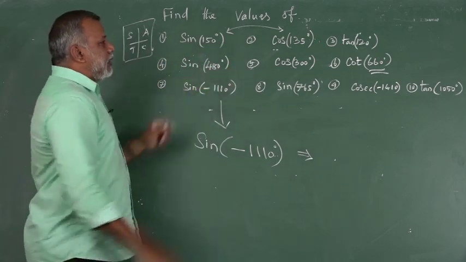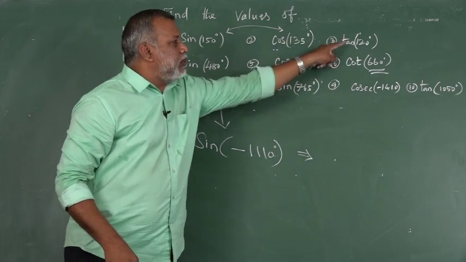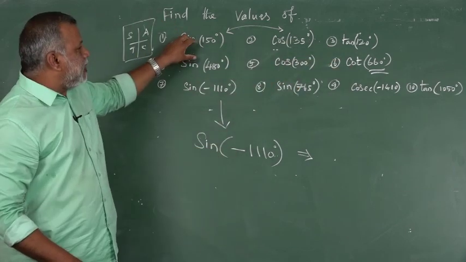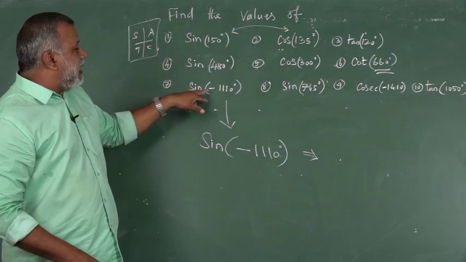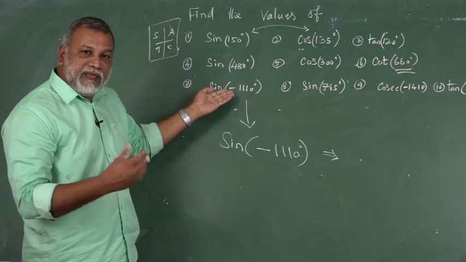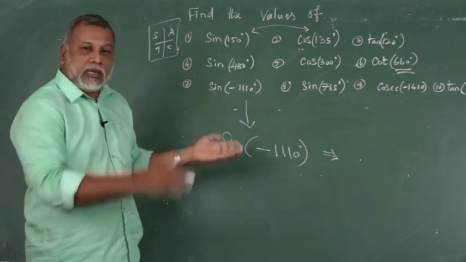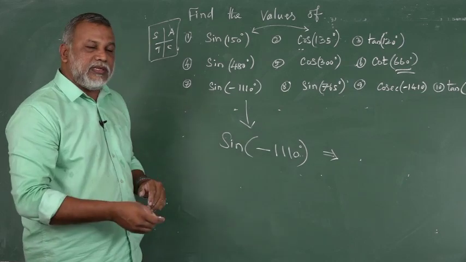So far, up to 6 questions, the given angles are positive only. Positive angle means it takes anti-clockwise rotation. See here, negative angle. What is the meaning of negative? It has clockwise rotation.